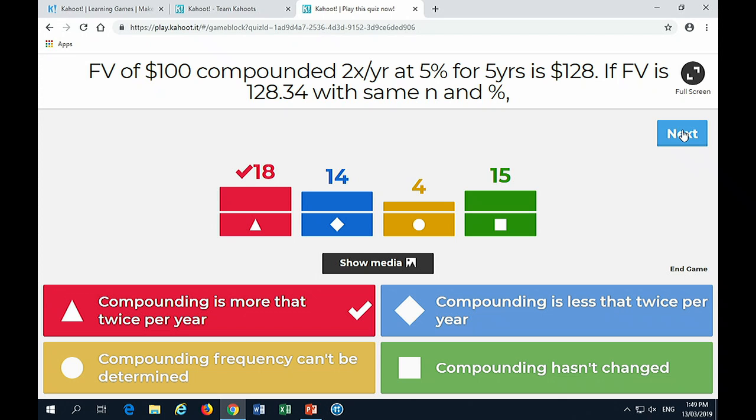You see that it starts with $1, 1 cent, just small increments, where by the end of the year we get extra money in our account. So you can see that the nominal interest rates are the same, 12% per year, but you get different future values. The difference is because you have more frequent compounding.